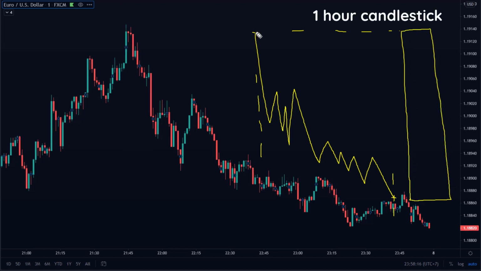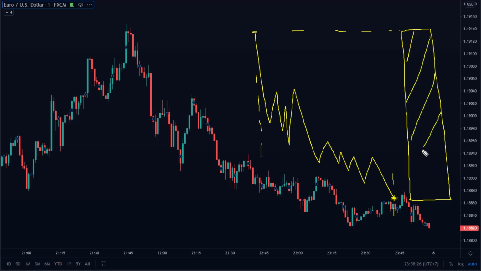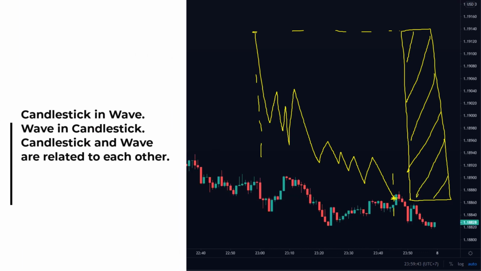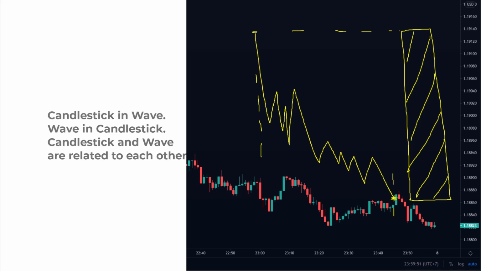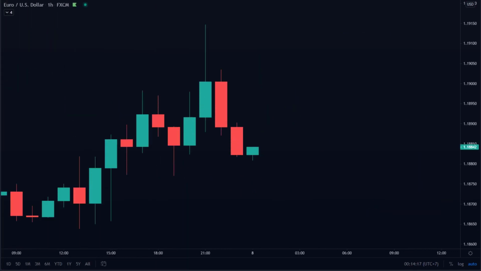This is the opening price, also the highest price. This is the closing price, also the lowest price. So this is a bear candlestick without shadow. We can see that there are candlesticks in a wave and there are waves in a candlestick. So candlesticks and waves are related and complement each other.